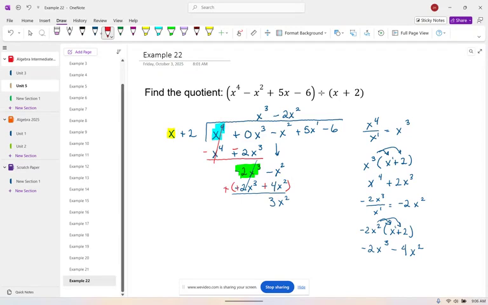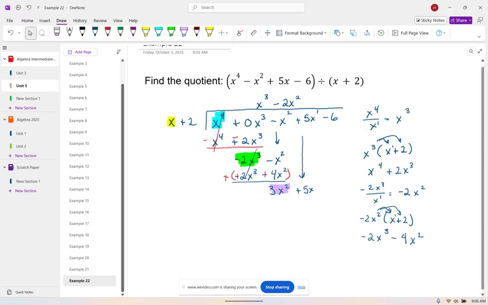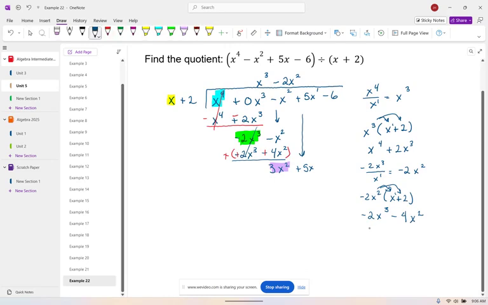And now we'll drop down the 5x. So we have plus 5x. And we'll think about that 3x squared divided by x, which is 2 minus 1, so 3x to the first, or just 3x. So we'll put plus 3x, and we'll do that 3x times x plus 2.